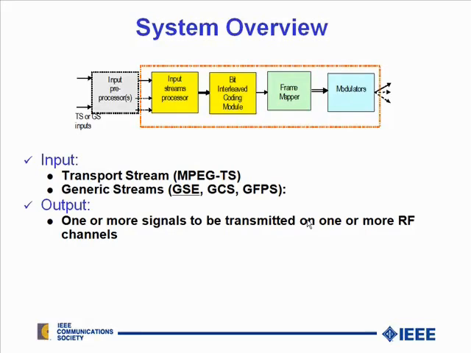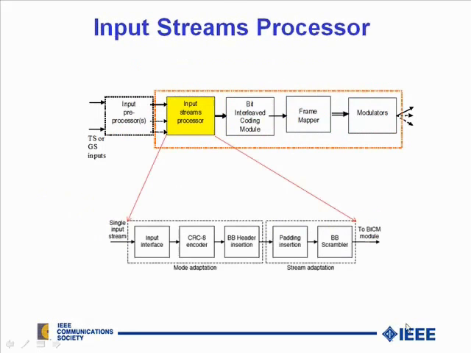The main blocks of this process are an input preprocessor, input stream processor, bit interleaved coding module, frame mapper, and modulators. The input preprocessor is not defined by the standard and may be used to massage the streams before they enter the DVB-T2 system.